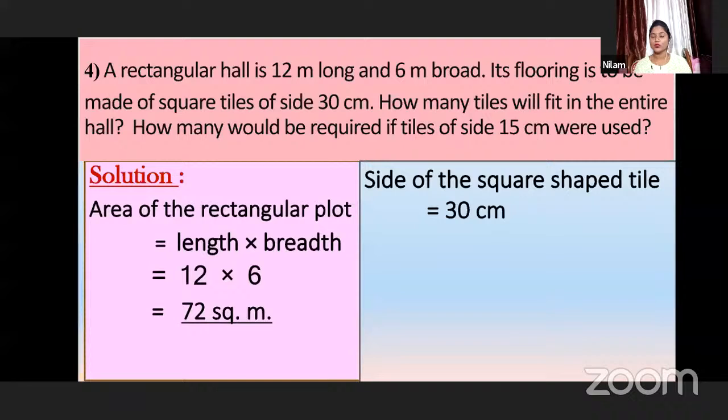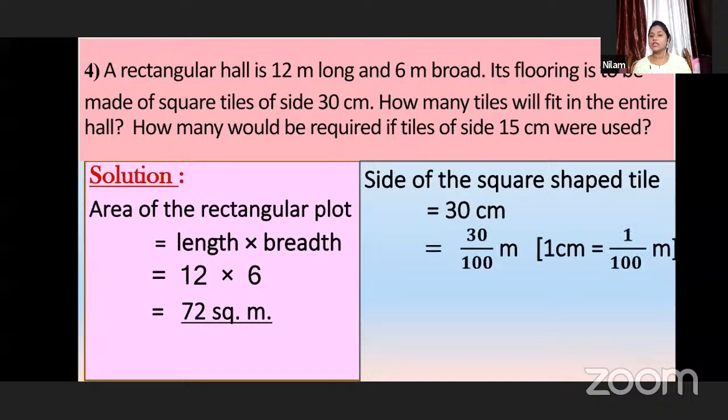The unit for the rectangular plot in which we have to put the tiles is given in meter, and for the tiles the unit mentioned is centimeter. So first we have to make both the units the same. We will make the unit of the side the same as the unit mentioned for the rectangular plot.